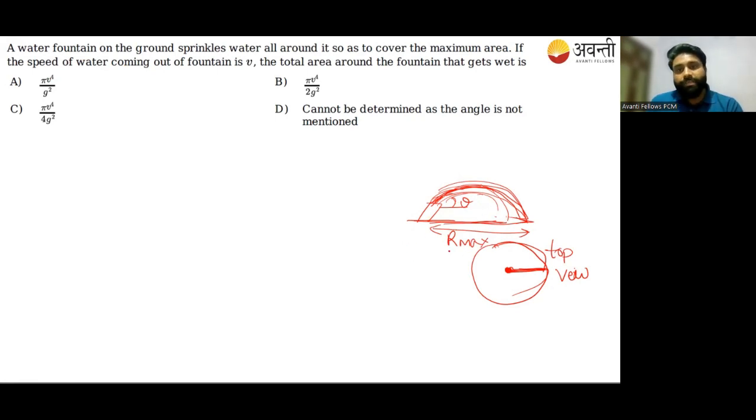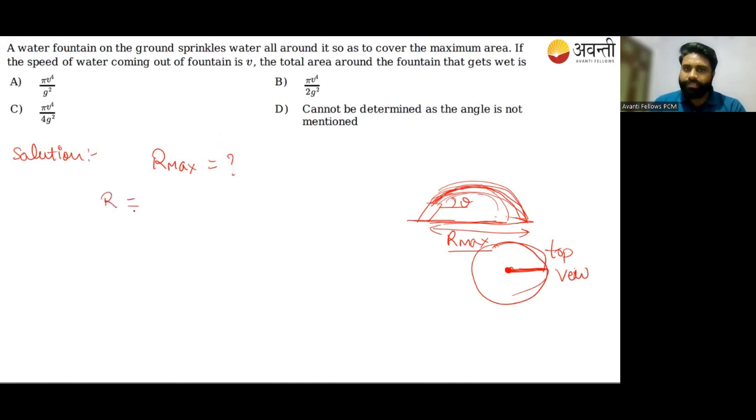So we have to find out the maximum range covered by this fountain. The solution of this question: R max we have to find out.